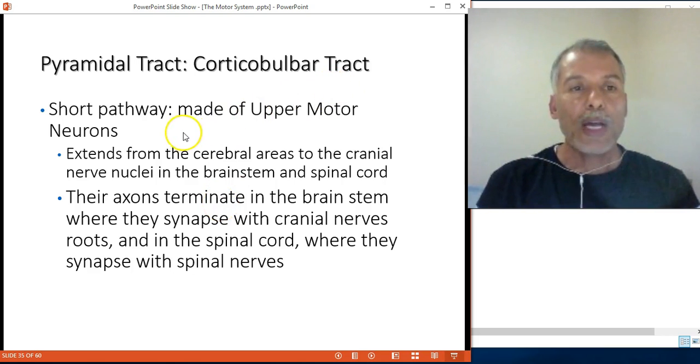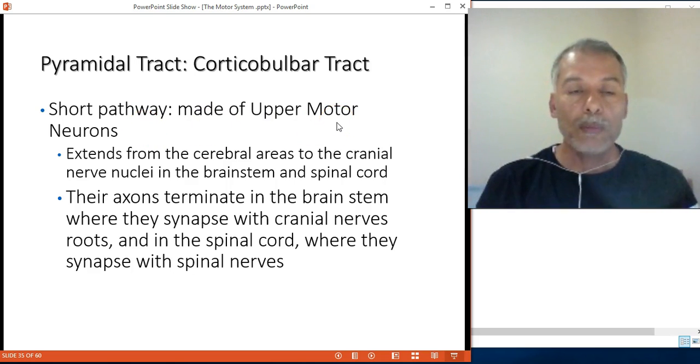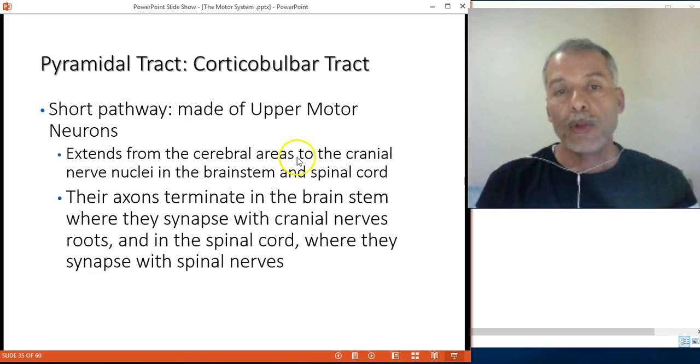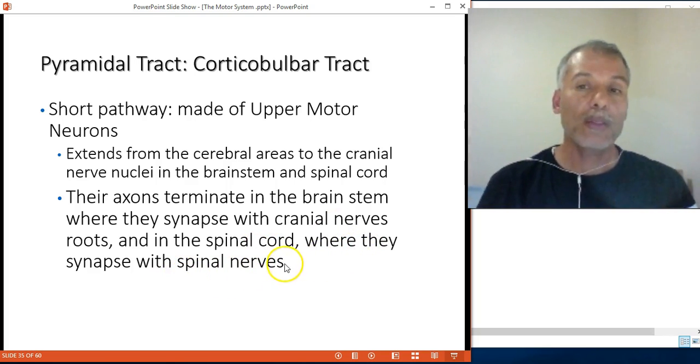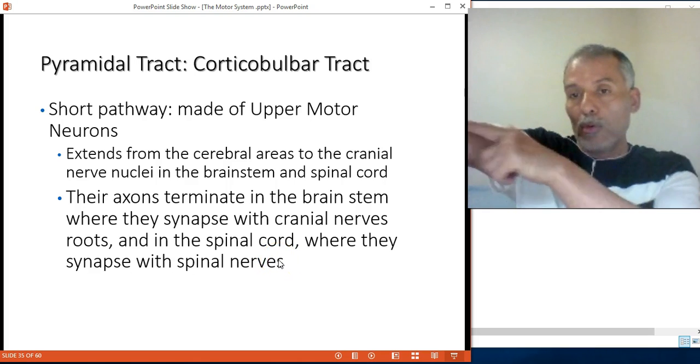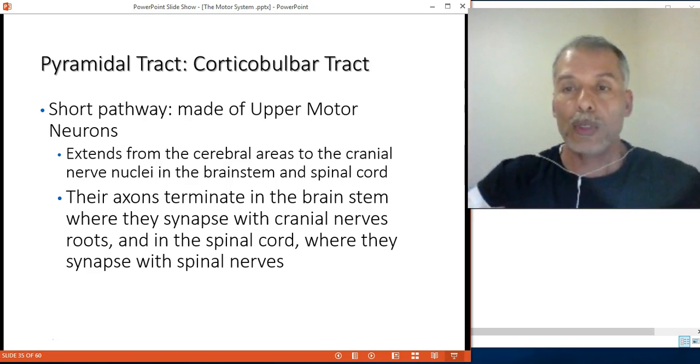The corticobulbar tract is the short pathway made up of the upper motor neurons. They extend from the cerebral areas to the cranial nerve nuclei, or the roots of the cranial nerves, in the brain stem and in the spinal cord. The axons of the upper motor neurons synapse with the cranial nerves and the spinal cord, and also with the spinal nerves, like nerves that go through your arms to activate your arms, or your torso, for example.